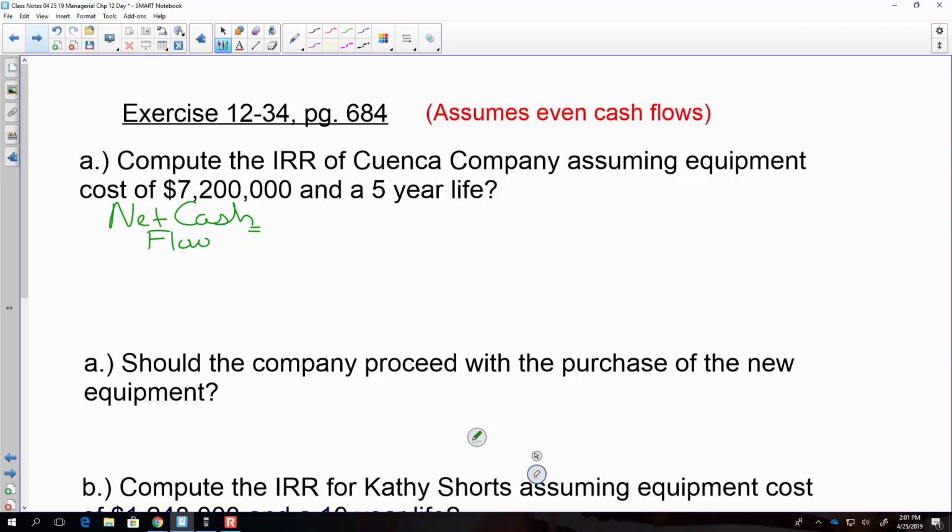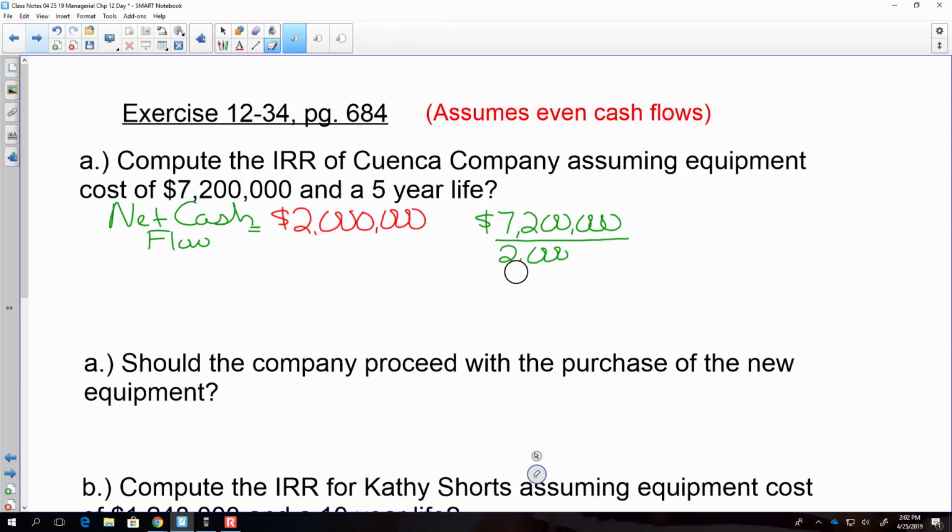Is it 2 million? And that 2 million is the amount I'm going to receive, that's my profit basically, every year for the next 5 years. So if I have an investment of 7.2 million, I'm expecting 2 million per year for the next 5 years.